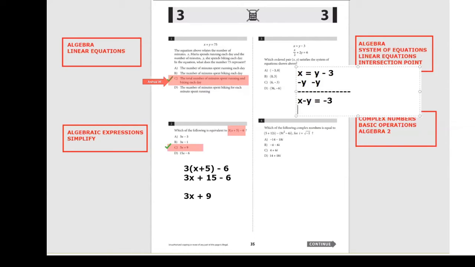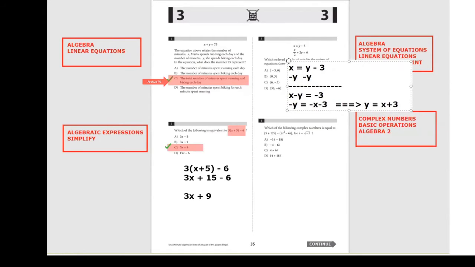Then you'll have minus y equals minus x minus 3. Yes. So what can you do next? And then you could multiply it by -1, so it's y equals x plus 3.